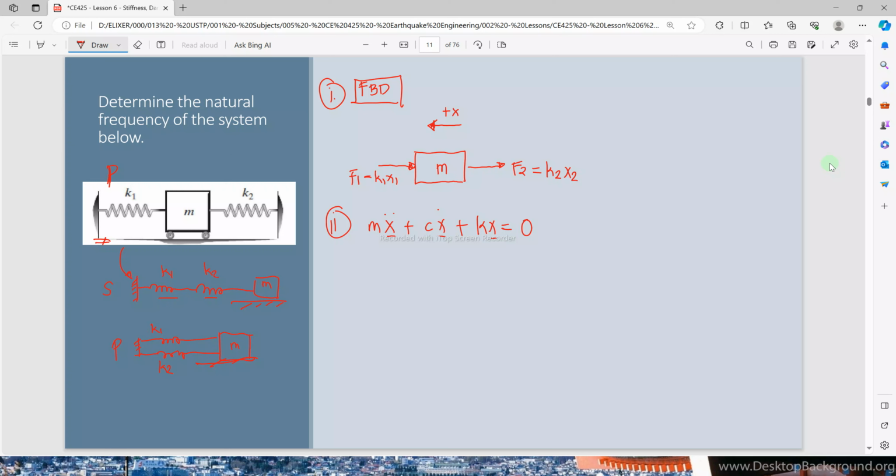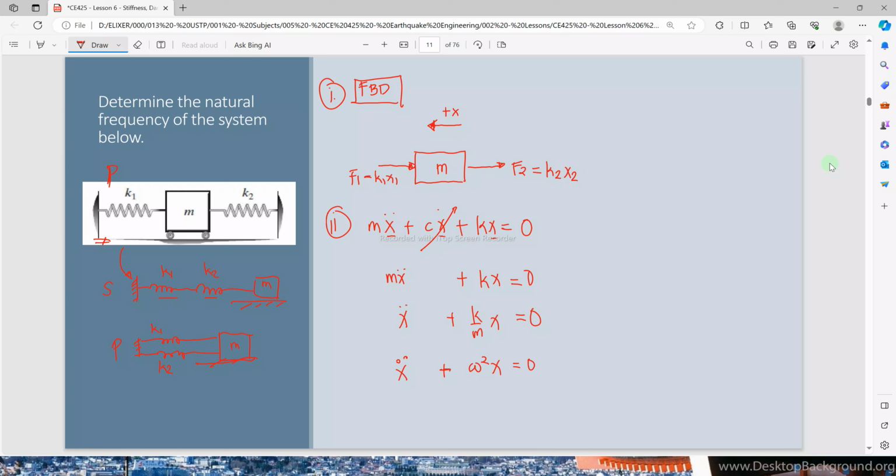There is no damping considered, so we are left with m x double dot plus the stiffness times the displacement or deformation equal to 0, or x double dot plus k over m x equal to 0. Applying the natural frequency relationship, we have x double dot plus omega squared x equal to 0.